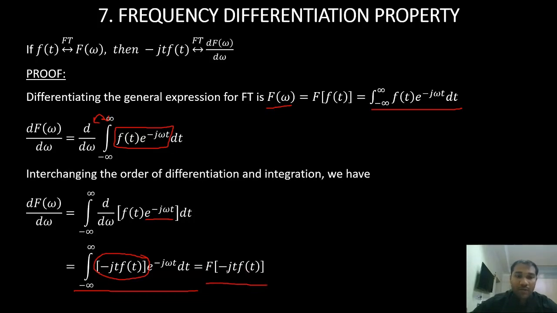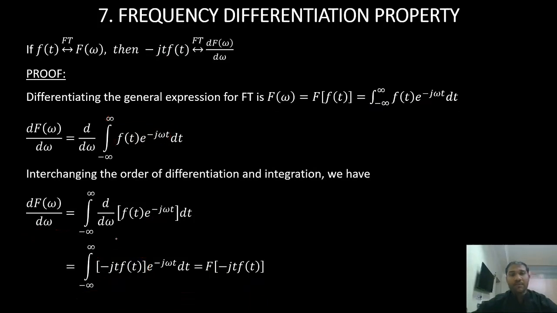So Fourier transform of minus jt f of t is nothing but d by d omega of f of omega, right? That is the frequency differentiation property. Frequency differentiation means we are going to differentiate the frequency domain signal and see how the time domain signal changes.